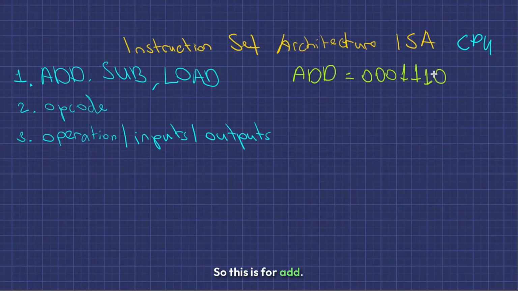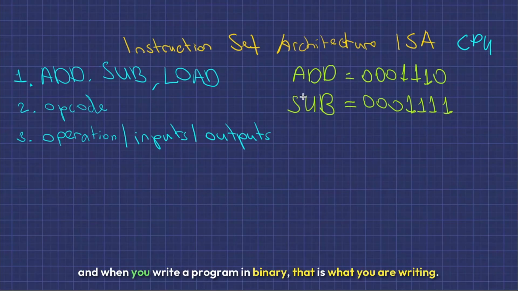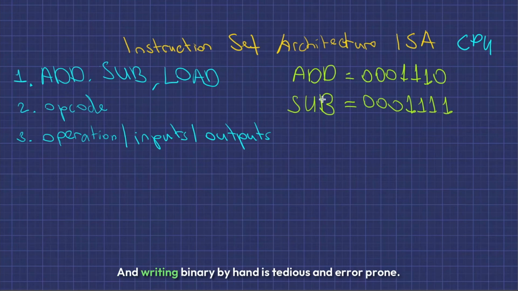So this is for add, and let's also use sub, which is subtraction: 0 0 0 1 1 1 1. Now these binary patterns are called machine instructions, and when you write a program in binary, that is what you are writing. And writing binary by hand is tedious and error prone.